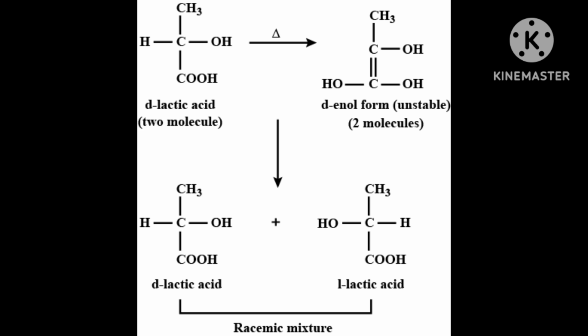The dark wedge tells above the paper, the dash tells below the paper, and an ordinary line bond is on the paper. Now the question is given: you have to find out chiral and achiral molecules. Four molecules are given.